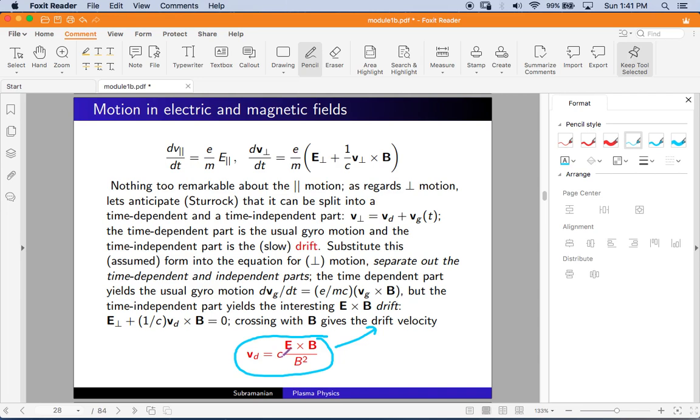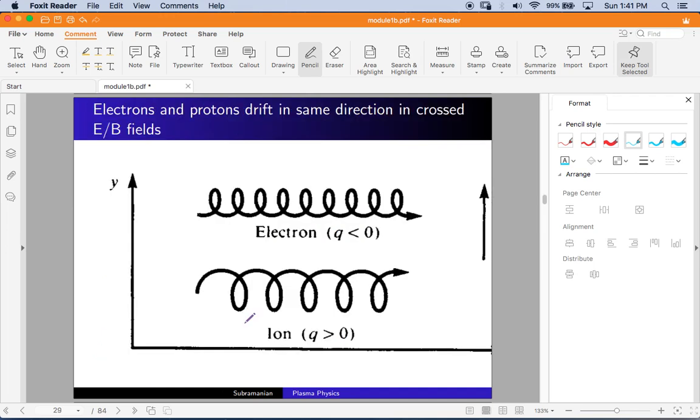The drift does not care about the sign of the charge. It is simply independent of charge and its sign. So electrons and protons drift in the same direction.